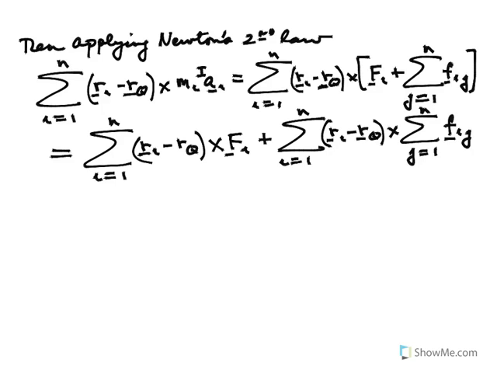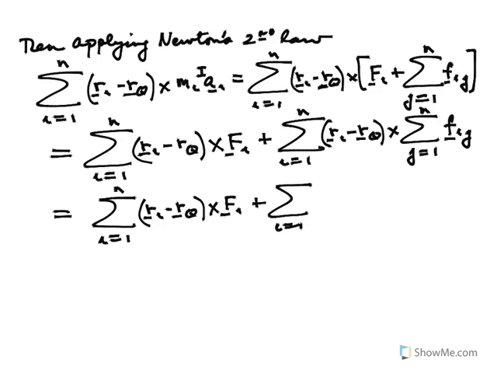Now, we can actually rewrite this one more step, which gives the sum from i equals 1 to n of (Ri minus Rq) crossed with Fi, plus the sum from i equals 1 to n of the sum from j equals 1 to n of (Ri minus Rq) crossed with Fij.